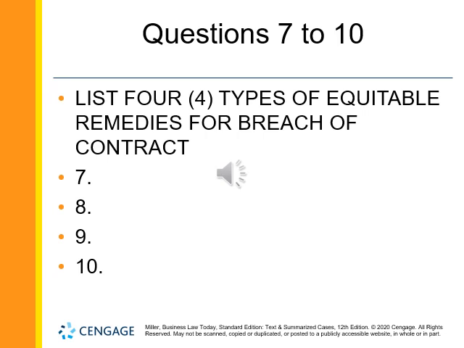And your answer for number 10 will be the 4th and remaining type of equitable remedy for breach of contract. Make sure that each one of these questions and its associated answer is included in the email that you're going to be returning to me no later than midnight on March 25th, 2020.